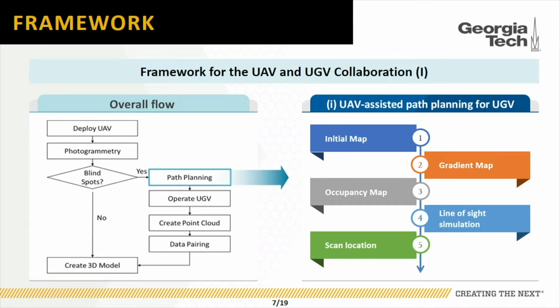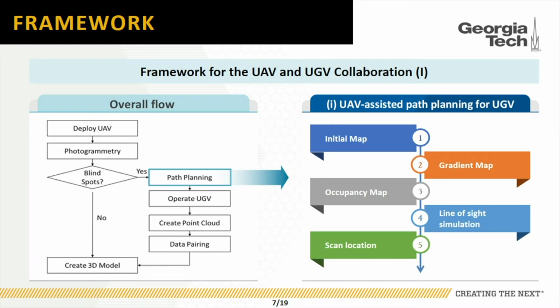So on the right side is a more detailed workflow of the path planning task. So firstly, we have the photogrammetry point cloud from UAV, and using that we can create a gradient map for the construction site, based on which we can identify the movable areas or the flat areas for the unmanned ground vehicle or the robot to navigate through the site.